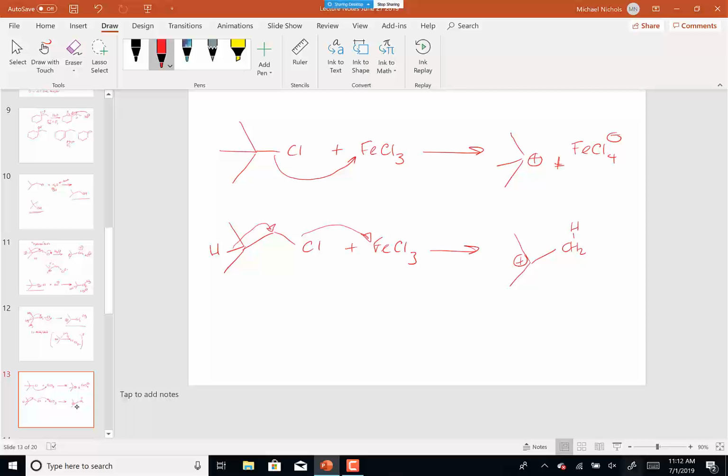So they got the same product by this hydride shift, which we were talking about at roughly the same time. So I said, we'll write the mechanism of what happened with the isobutyl chloride so that it gave you a tertiary butyl carbocation to add to the benzene ring.